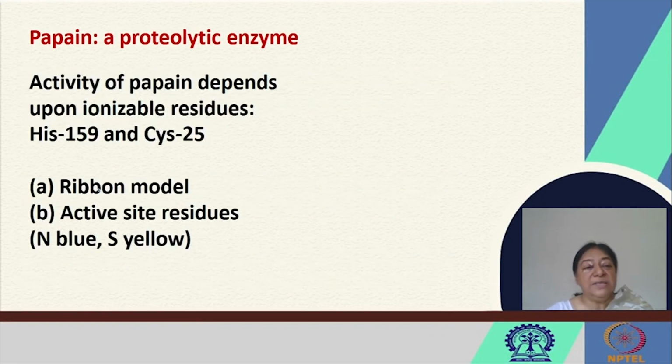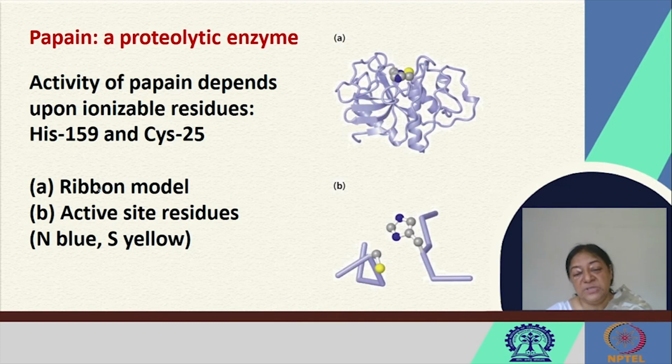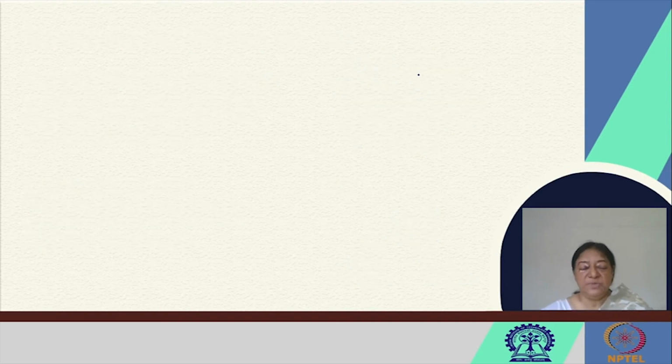So if we look at this here, again, we have ionizable residues, histidine and cysteine. There is a specific picture of what we can look at, as in the orientation, where we have an active site cleft that can bind the substrate.